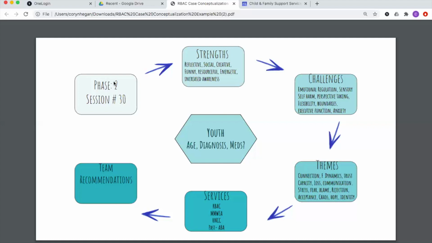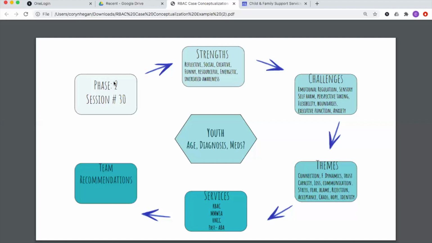As Cory shared, one of the important parts of these staffings is the themes. Some common things we're seeing are connection, how sometimes that is absent in Shelly's life. We've noticed how the family dynamics have played a big part in what headspace she's in, whether it be a lot of drama with siblings or the communication styles of all of the parents and caregivers.